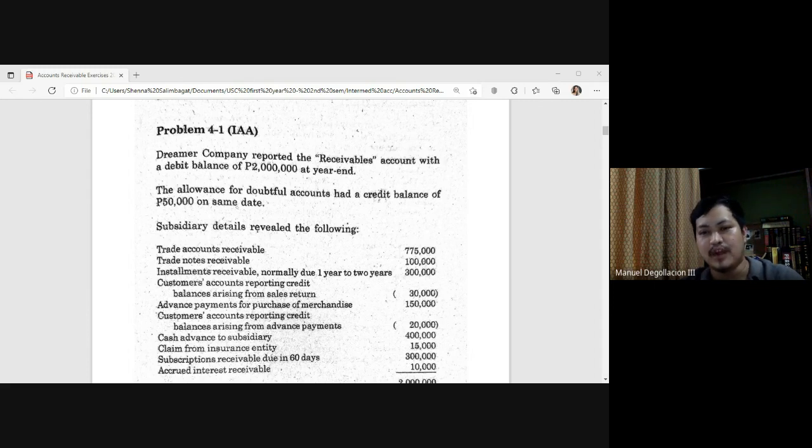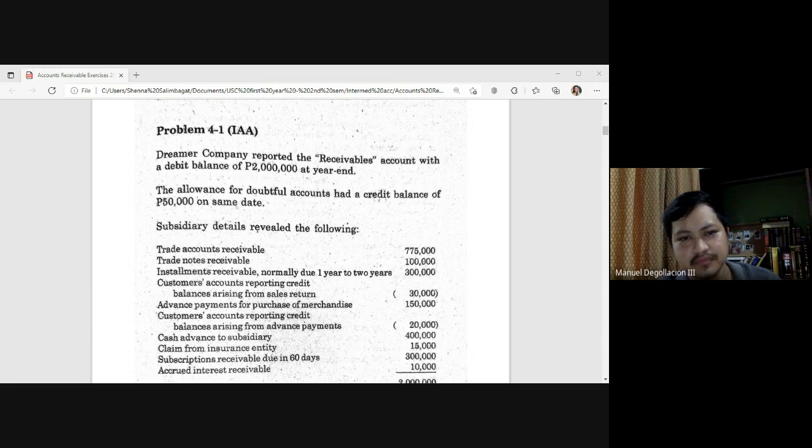For other receivables, class, we will really have to apply discounting. I hope everyone is familiar with discounting, the application of the time value of money, class. But here, because the period involved is so short, the amount of imputed interest would be considered immaterial to the point that there's no point in applying discounting anymore.